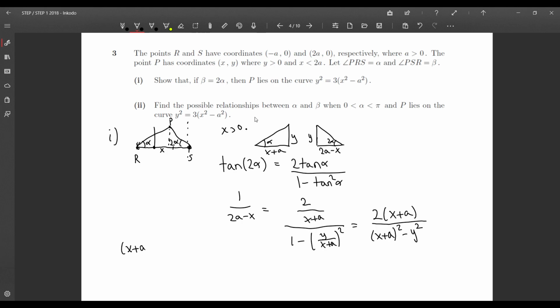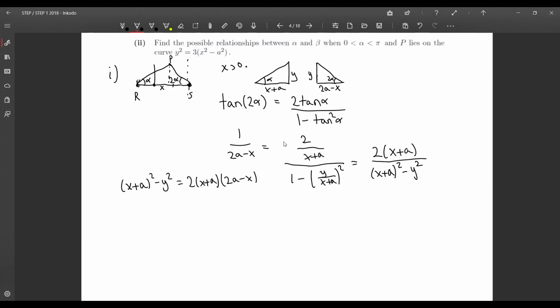x plus a squared minus y squared is going to equal 2x plus a times 2a minus x. Okay, so this leads to that.